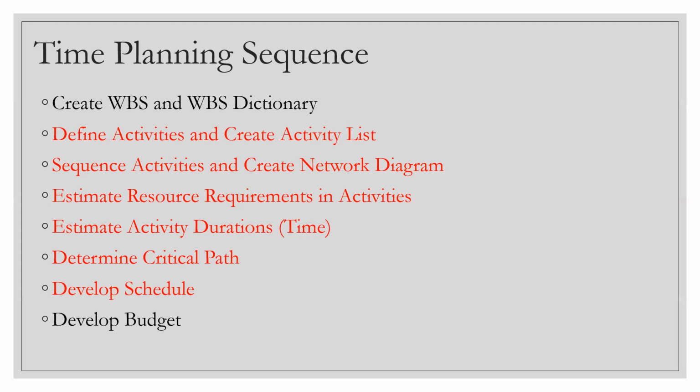So like I said, if your scope is crystal clear and you have done good work in the scope and the baseline is correct, along with your WBS and your dictionary, and depending on that scope, when you pull out the activities, you draw the network diagram, you find the critical path, you draw the schedule baseline, immediately the development or creation of the budget or the cost will be very simple, because you already know how many resources you need to complete each particular activity.